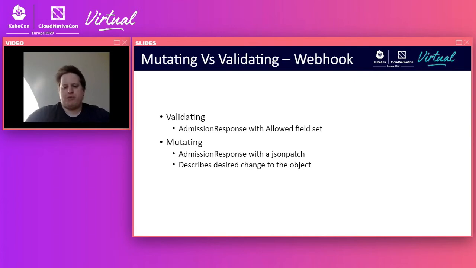And both validating and mutating are going to look at that request, perform some logic, and then, as we previously discussed, write back to the admission review and admission response object, and copy the UID from the request for both of them, set allowed to true if validating or mutating agree that they want to proceed, and then the mutating will also contain the described JSON patch change to the object. And so bring that up.